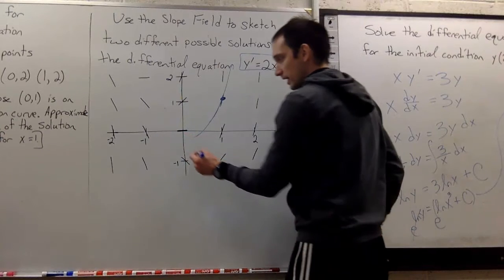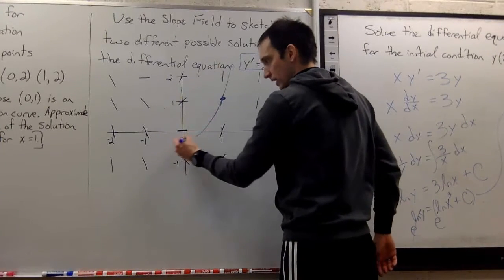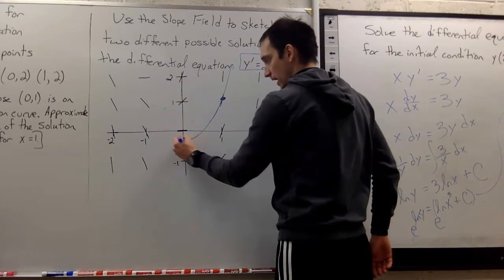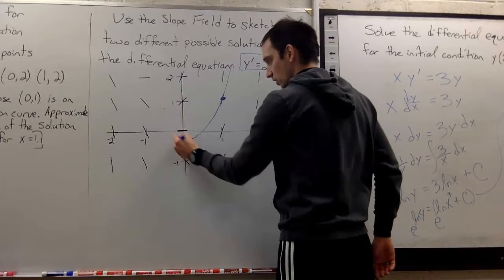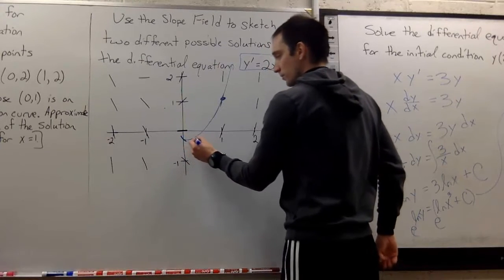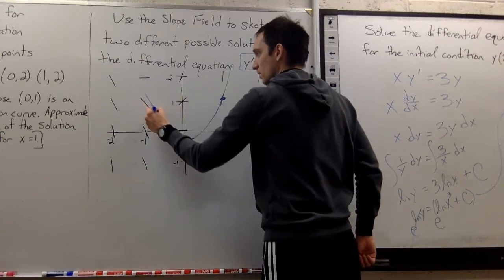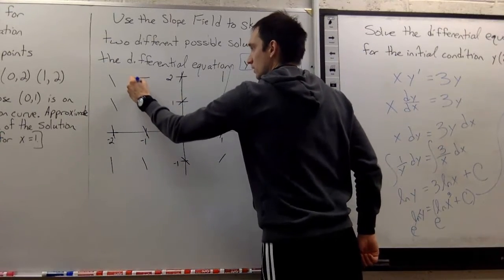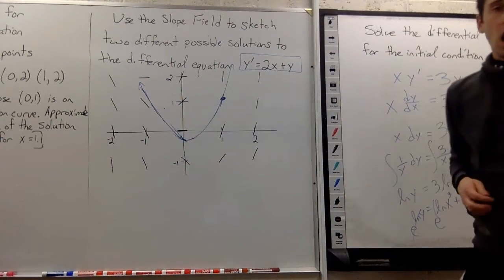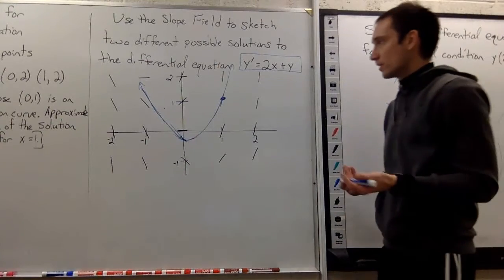So by the time I get to the x-axis, if I'm going to go down here, I need to be coming back up so that I can have a negative slope. So it's going to be something like that. And then over here, I've got a negative slope, and so on. So that's going to be an example of a solution curve.